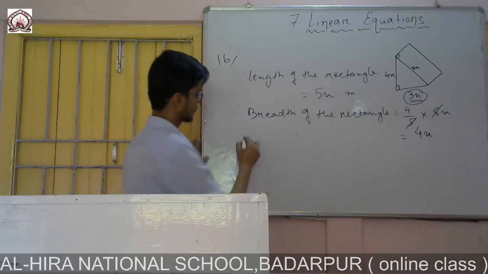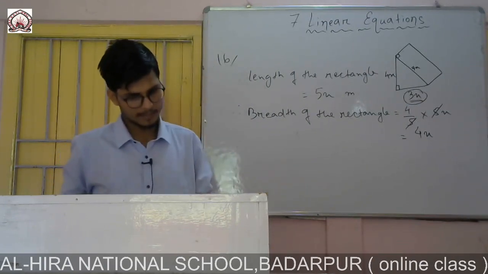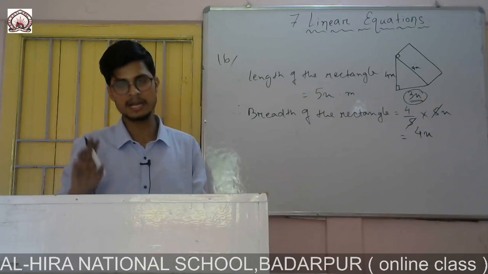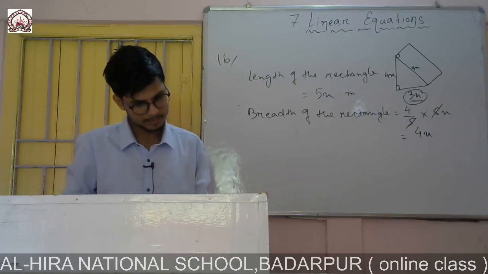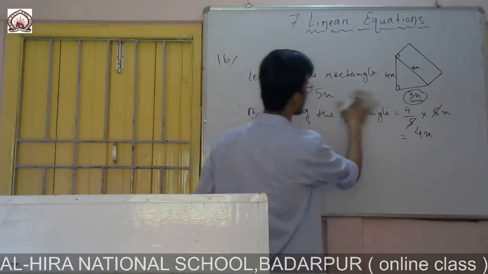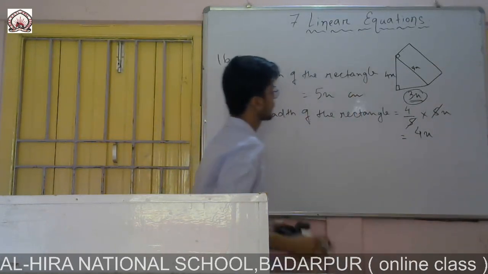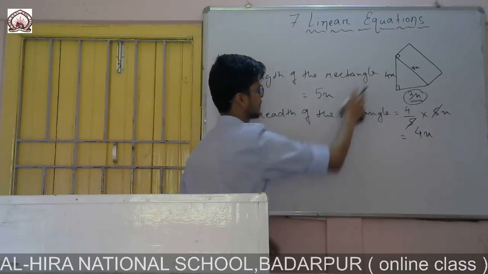Now what is given is that the perimeter of the rectangle is 180 centimeters. No need to give the unit here.